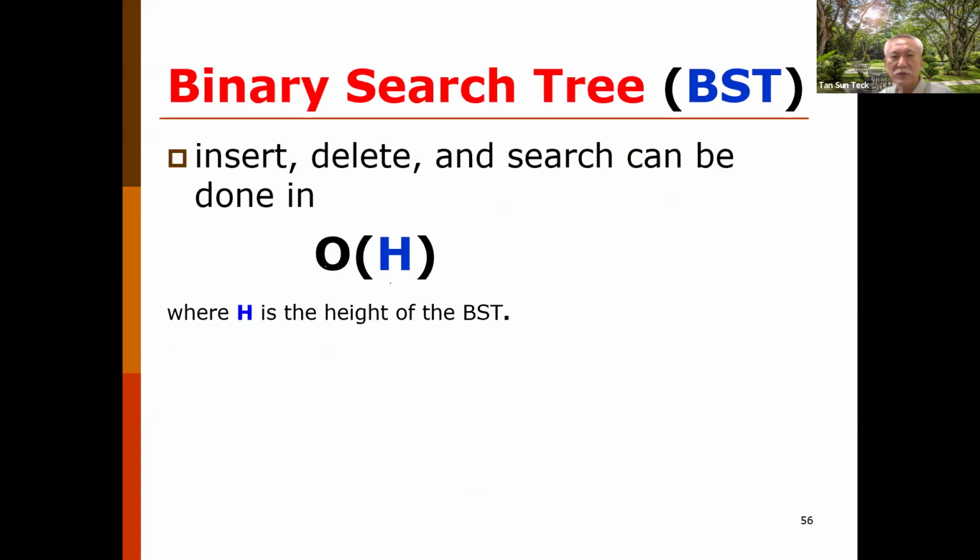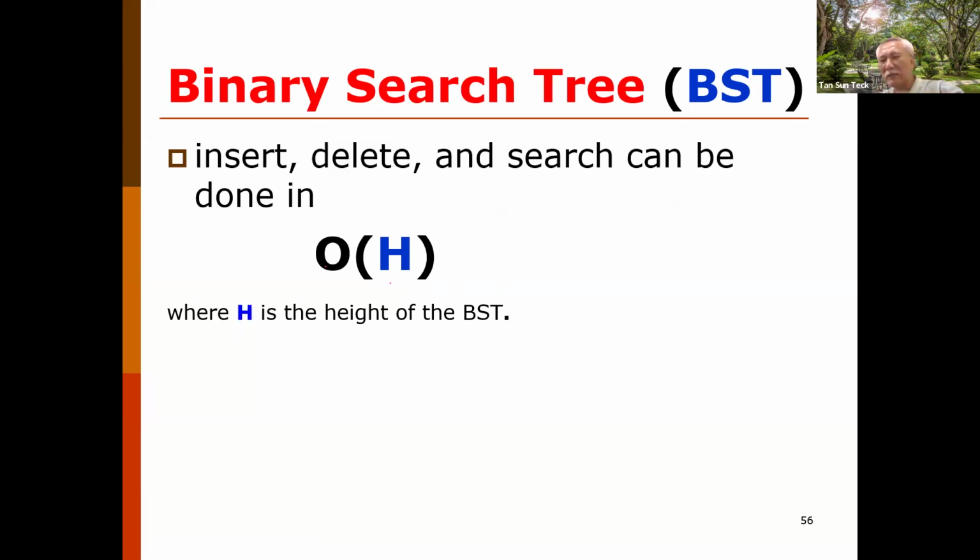Right, so for a binary search tree, insertion, deletion, and search can be done in O(h) time, where h is the height of the BST. Now, this is not a guaranteed value. It depends on how you insert the values one by one.